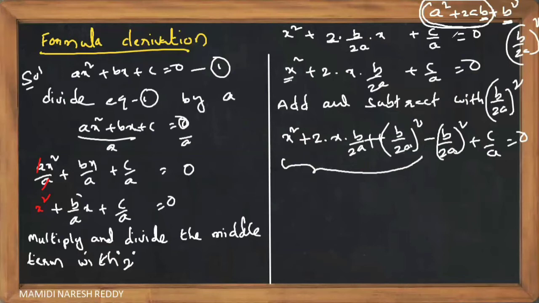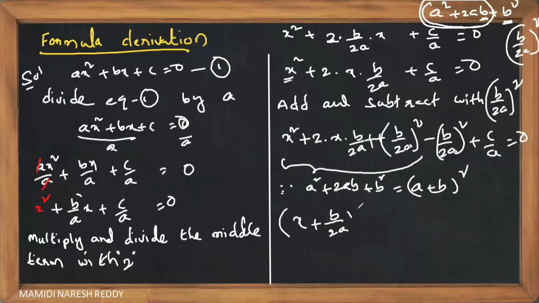These three terms are in the form of a square plus 2ab plus b square, which is equal to a plus b whole square. Now, what is the value of a, children? x. What is the value of b? Wonderful, b by 2a whole square.